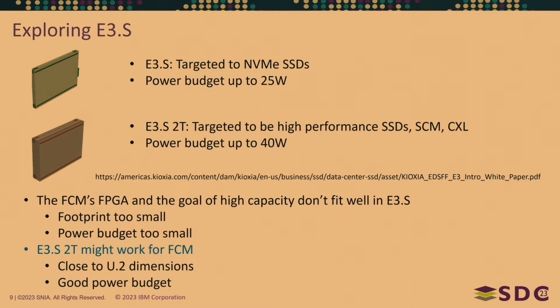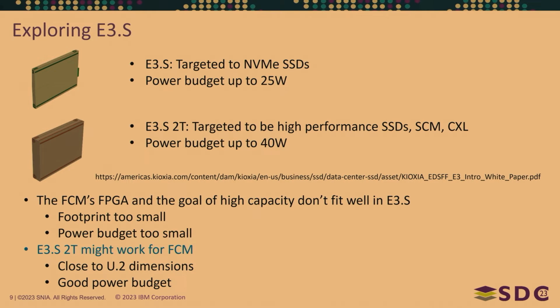There's an E3.S 2T, which is double thickness, and that's targeted towards higher performance SSDs, storage class memory, and CXL, and the power budget starts to get more interesting there. Up to 40 watts allows you to implement a lot of more interesting features. Looking at the IBM FlashCore module, the E3.S single thickness is really too small for us.